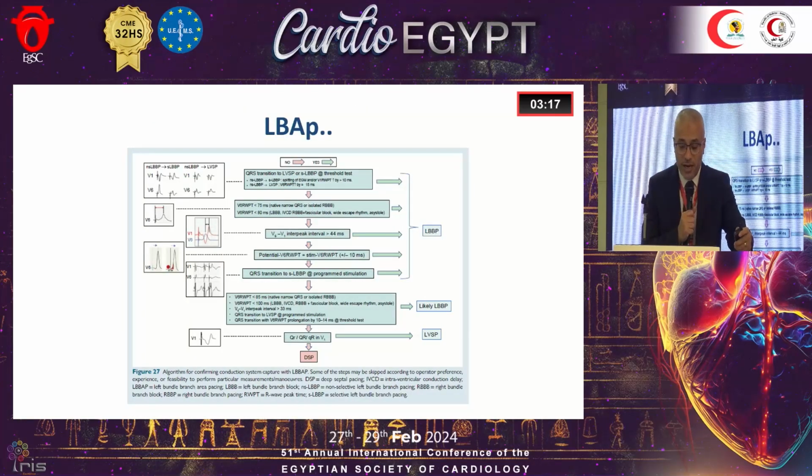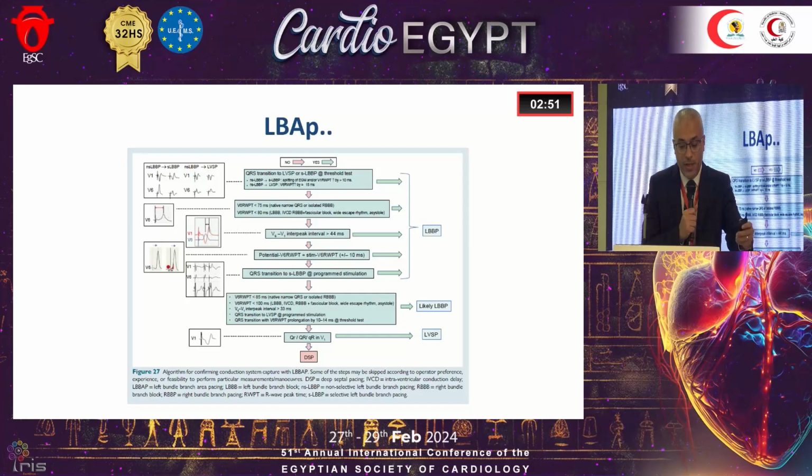Similarly, for the left bundle area pacing, you have multiple points to verify in order to make sure that you are effectively pacing the left bundle or the left bundle area. The transition of the QRS complex from non-selective to selective, or from non-selective to the left ventricular septal pacing, is very important, to get an R wave peak time less than 75, or less than 80 if the patient has a baseline wide complex or bundle branch block.